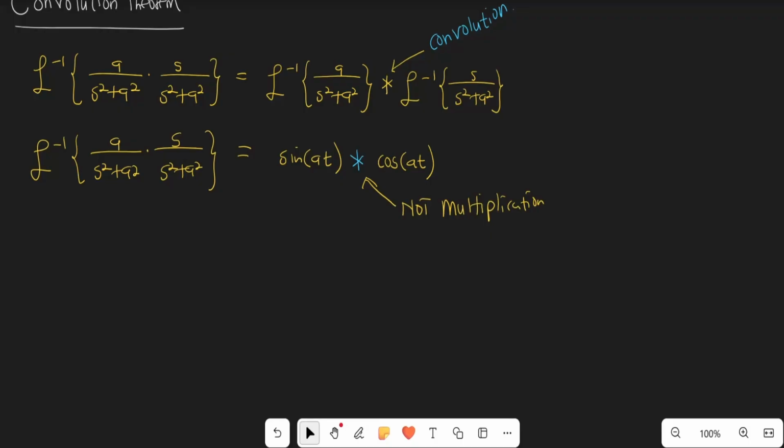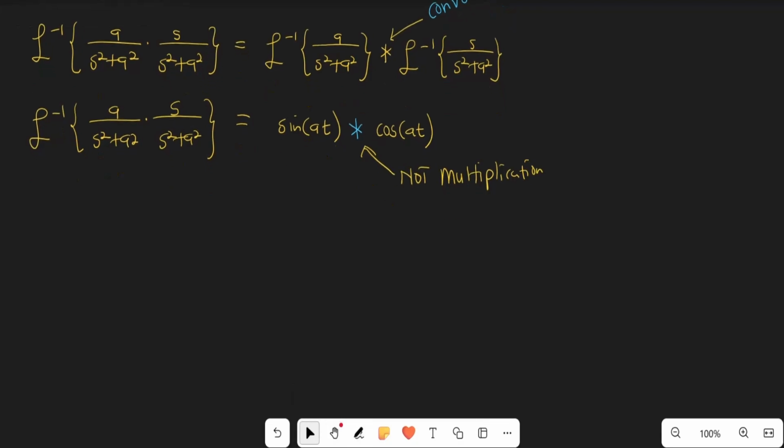So how do you define a function f of t convoluted with another function g of t? Let me write the definition of the convolution here. Let's say this sine of at is f of t, convoluted with another function. Let's call that function g of t. Why not? So this g of t is also cosine of at. What is the definition of this one?